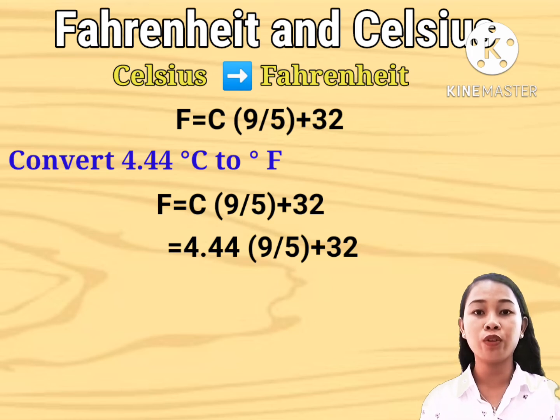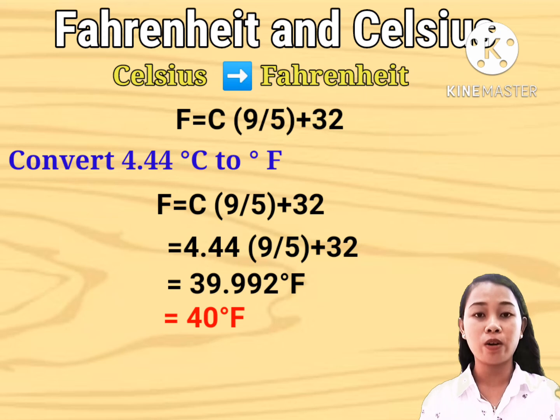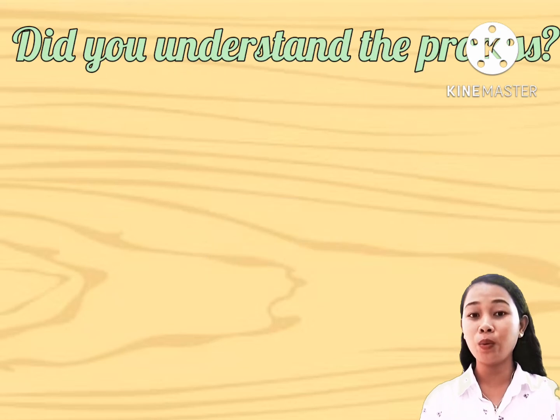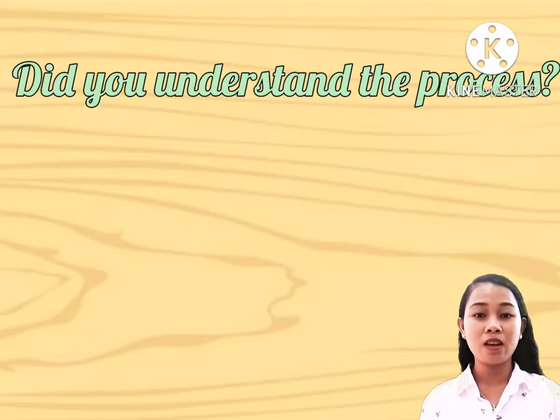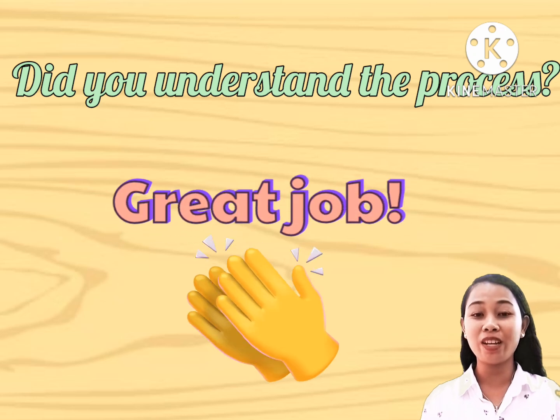We have the answer of 39.992 degrees Fahrenheit, or we round it off to a whole number. It becomes 40 degrees Fahrenheit. So, did you understand the process? Then, if so, it's a great job!